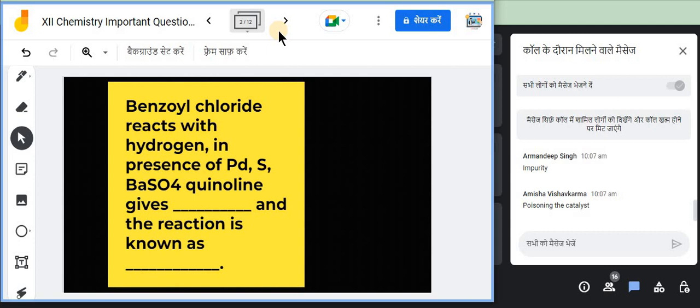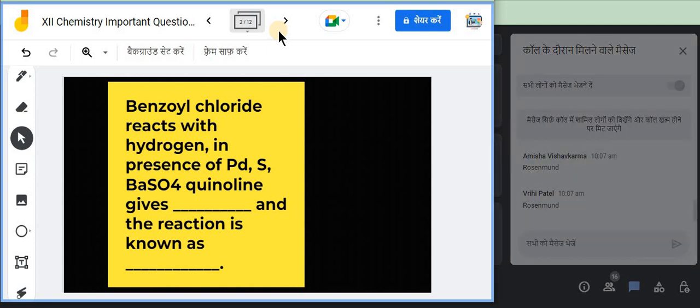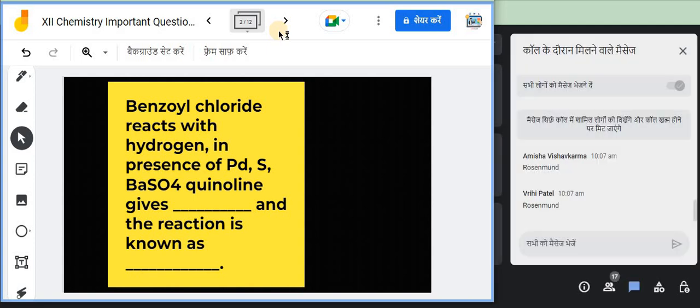Now, after going through this question, you come to know which name reaction it is. Can I get the response in the chat box? It is the Rosenmund reaction. Absolutely right. Now the next question. Benzoyl chloride, any acid chloride, when it reacts with hydrogen, platinum, barium sulfate, gives aldehydes.